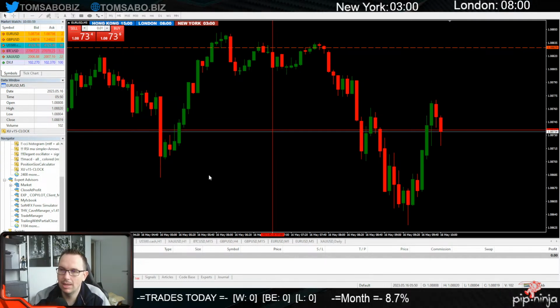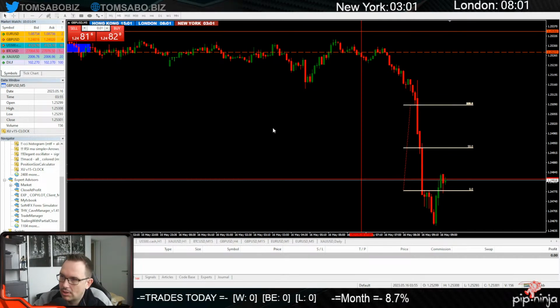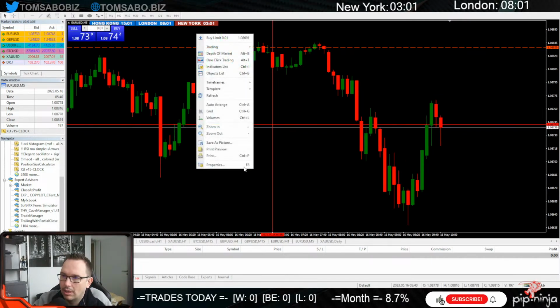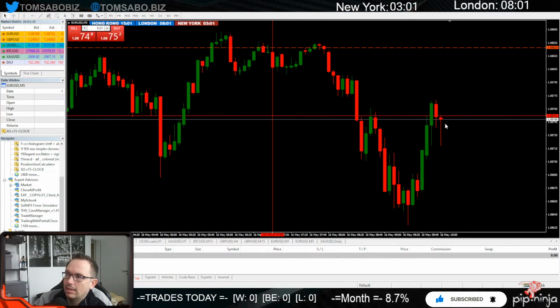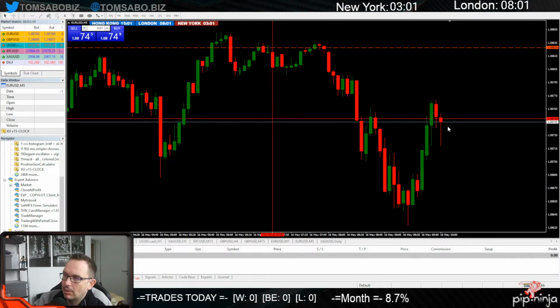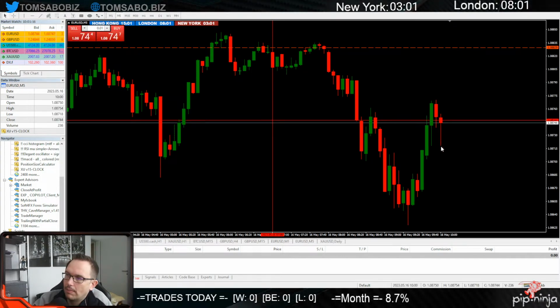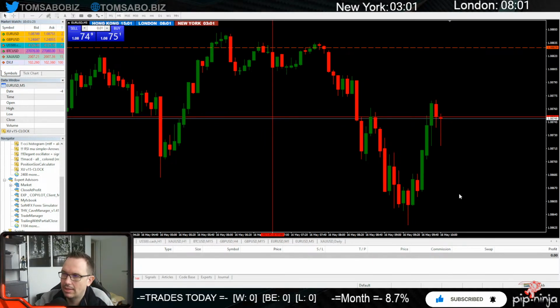As you can see, my ask and bid lines are shown all the time. I always turn on here, show ask line, because I want to see the spread visually. I know it can be disturbing for some people. So at many times, if it gets too close to my stop loss, I'm closely checking if it takes it out.